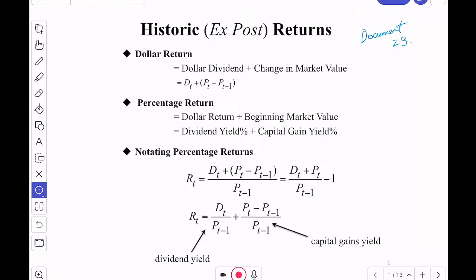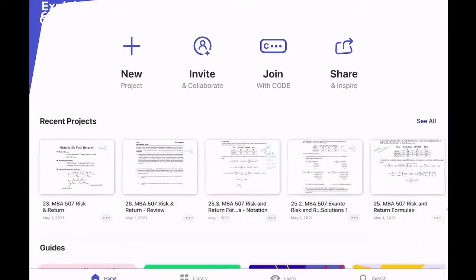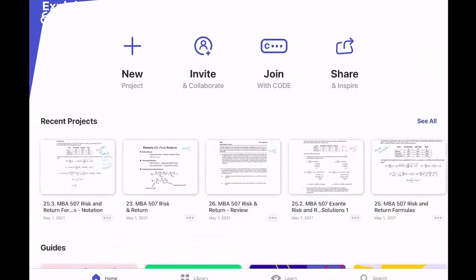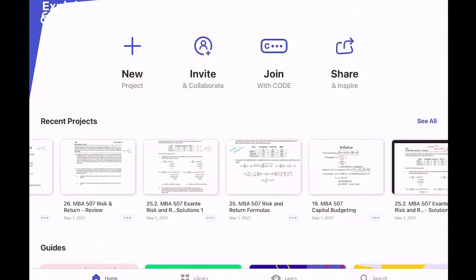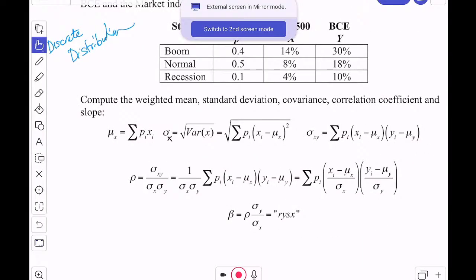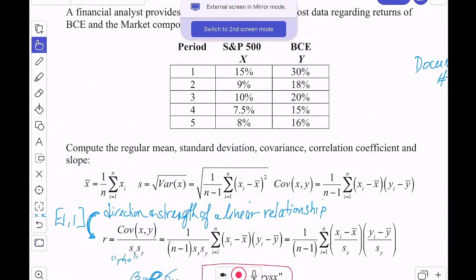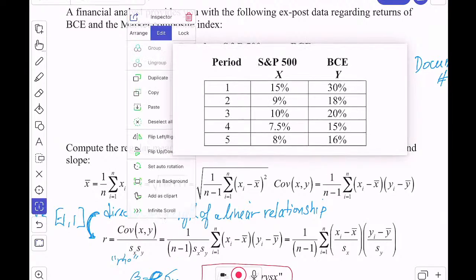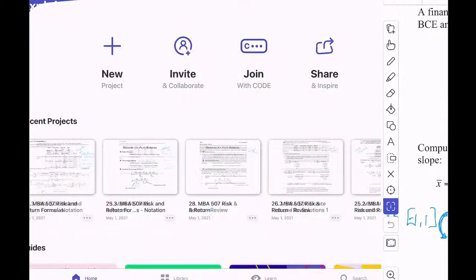Okay, is that better? A little quieter? Okay, so we're going to start here. What we're going to do now is talk about where those numbers come from. Just keep in mind what we're doing.